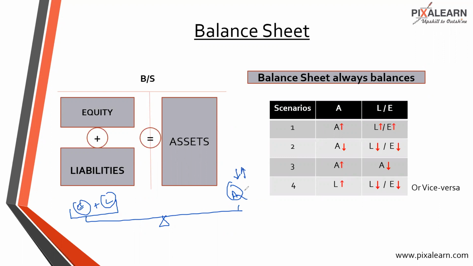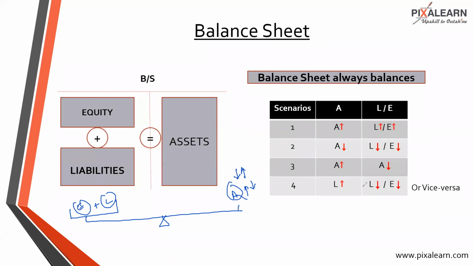If one asset goes down, the other asset has to go up, or if one asset goes up, the other has to come down. Because if the left side of the equation does not change, then the change in one asset has to have an opposite change in another asset for the equation to hold true.